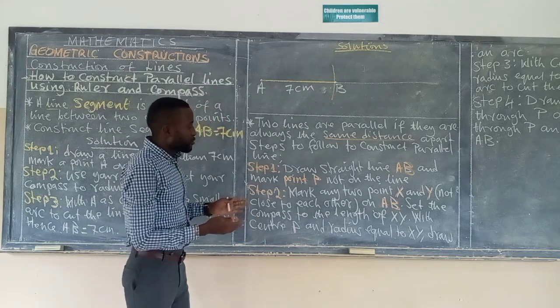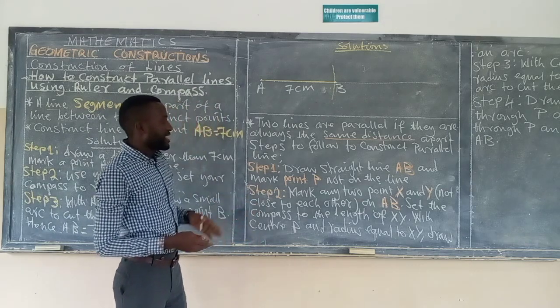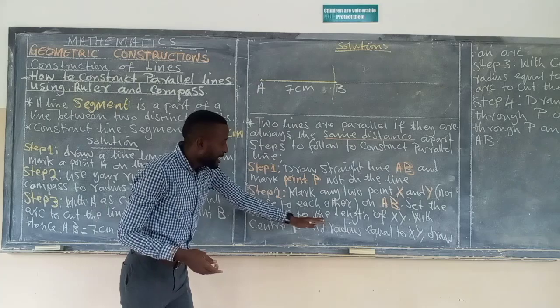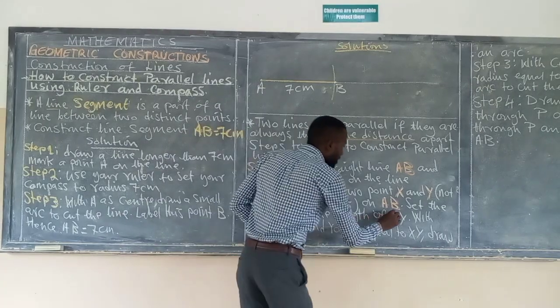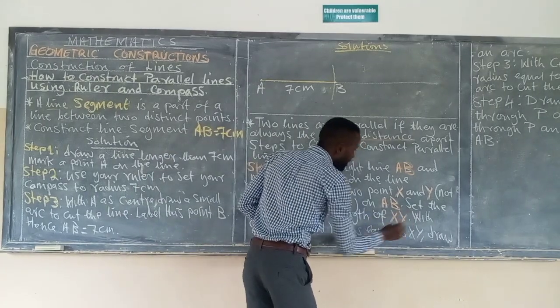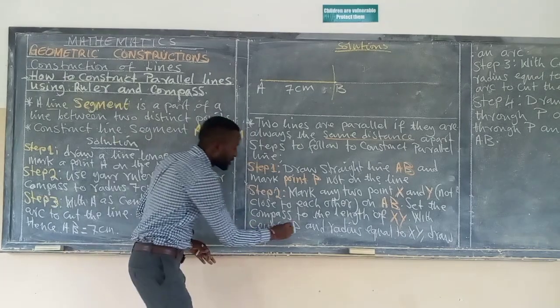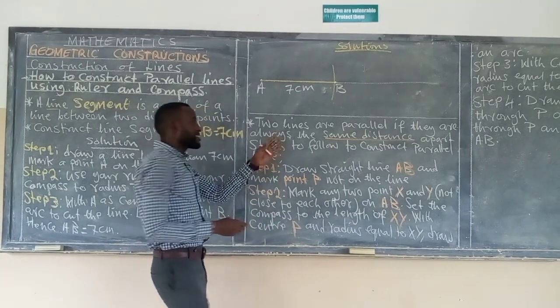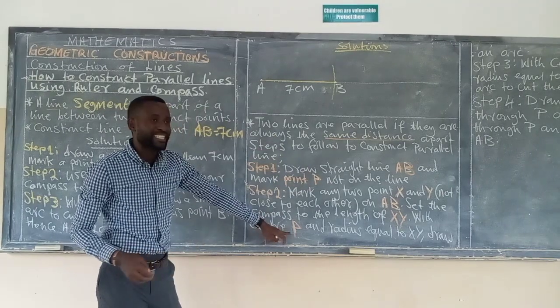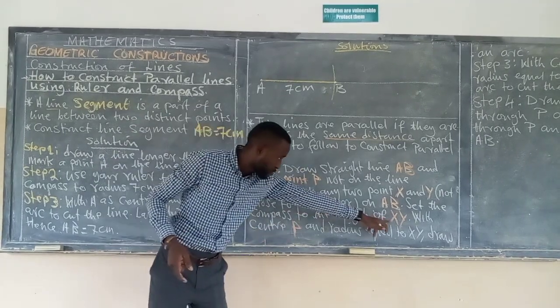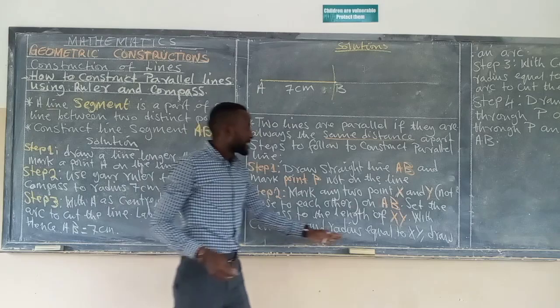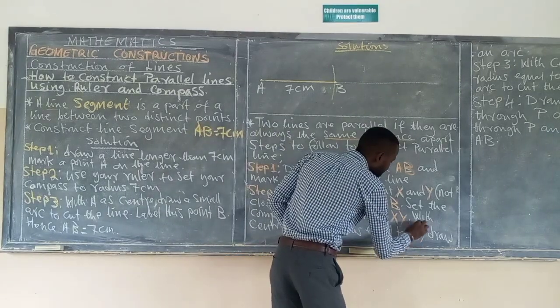Now, after you have marked these 2 points, set the compass to the length of XY, with the center P. The P that you have put outside the line AB will be your center, and the radius equals XY.